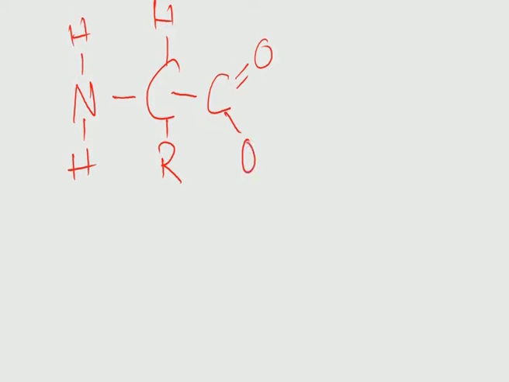You have a central carbon atom, you have an amide group, so a nitrogen and 2 hydrogens. This carbon atom has one organic radical, this is R, and one hydrogen atom, and you have a carboxyl group here. Carboxyl group means COOH, so this is OH.